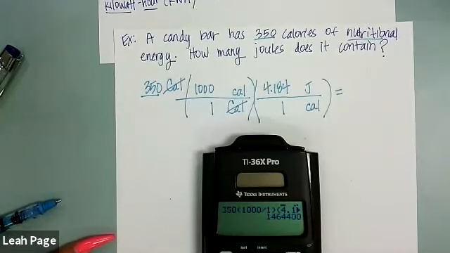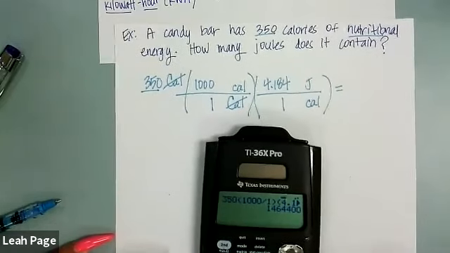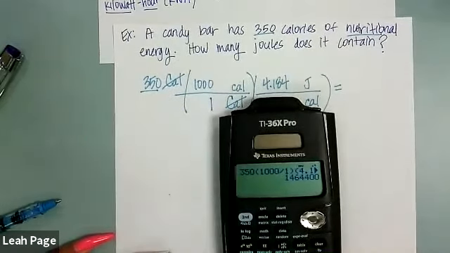All right, so I need 2 sig figs. What's this number rounded to 2 sig figs? 1.5 times 10 to the 6th.